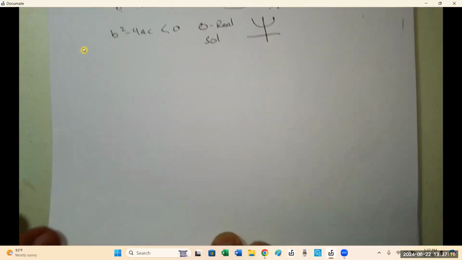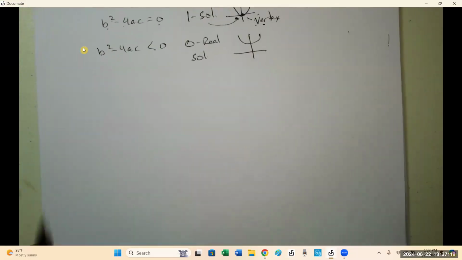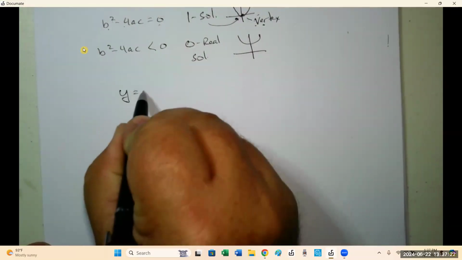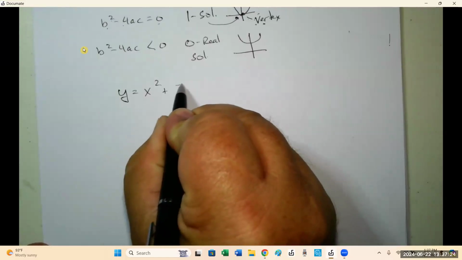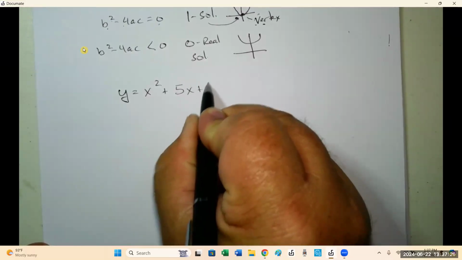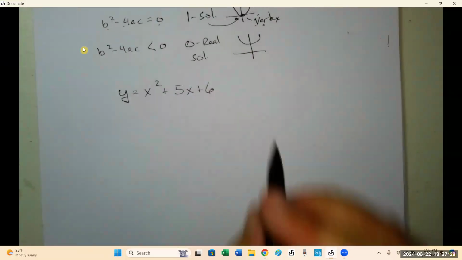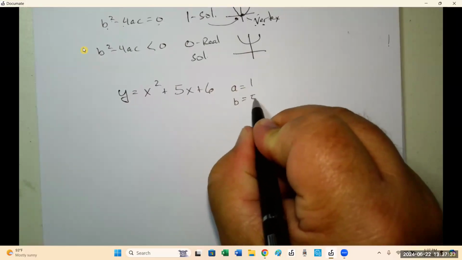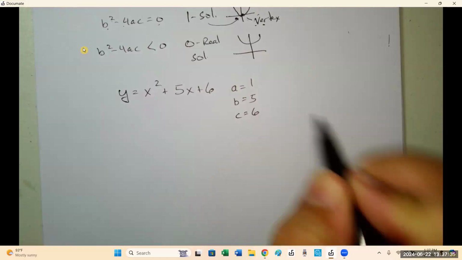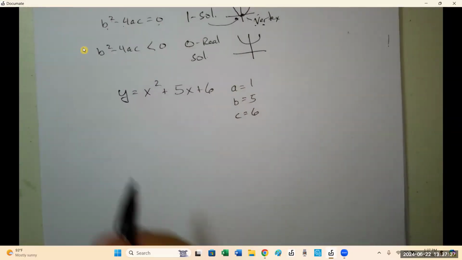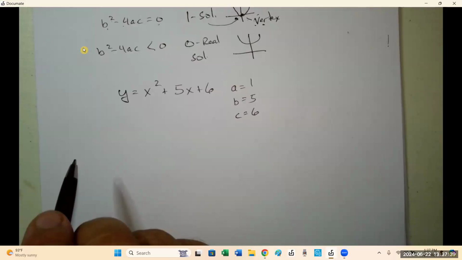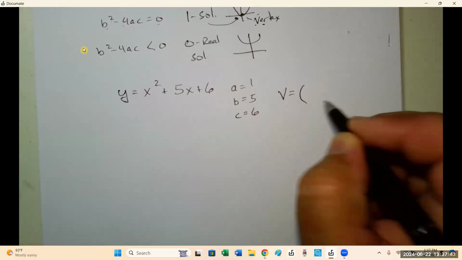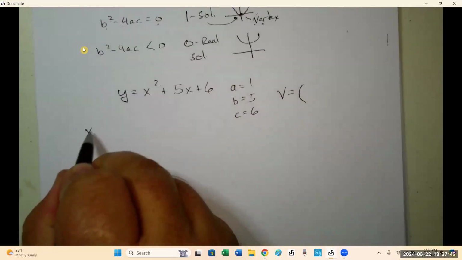So let's look at our example. We had y equals x squared plus 5x plus 6. First thing we gotta do is label our a, b, and c. So to find our vertex, we need our x value.